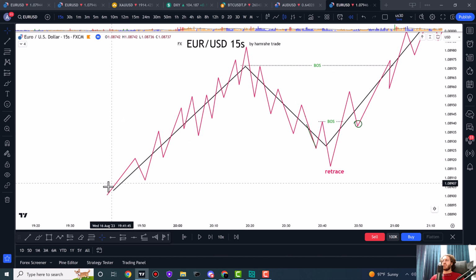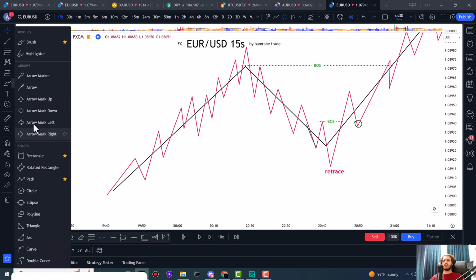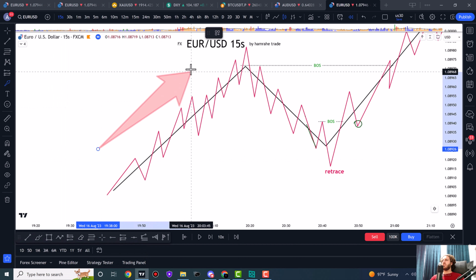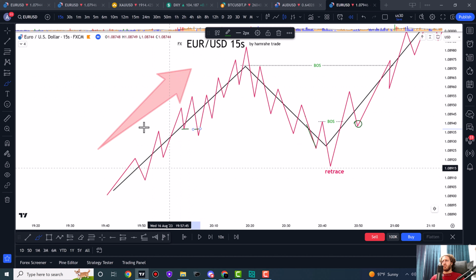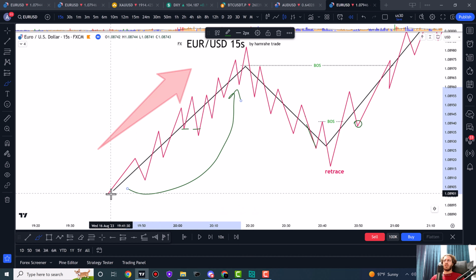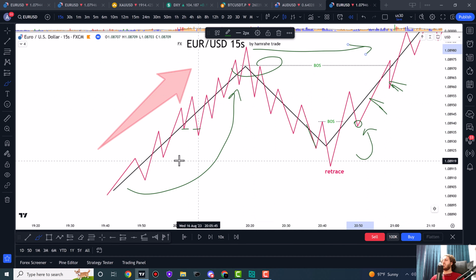Because for example, if this is our 4-hour structure, we can start to trade these internal structures and these internal points of liquidity and setups toward that higher time frame structure.